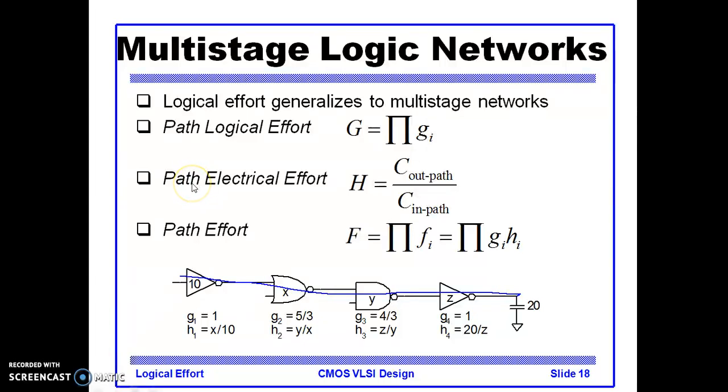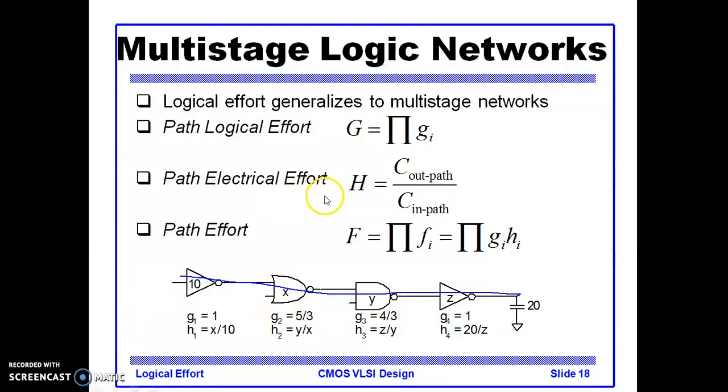The path electrical effort is given by C out by C in, that is, C out of the path divided by C in of the path. The overall path effort F is the product of the F's of the individual stages, where each F is G into H.